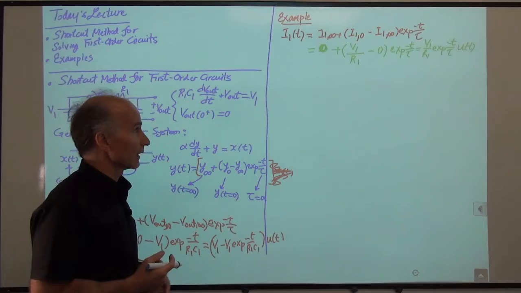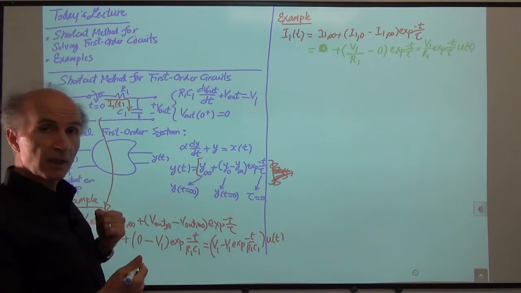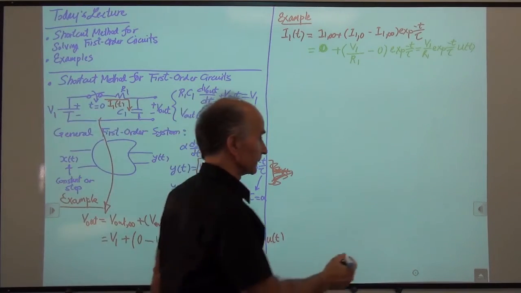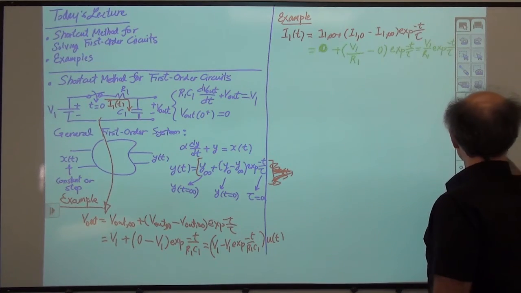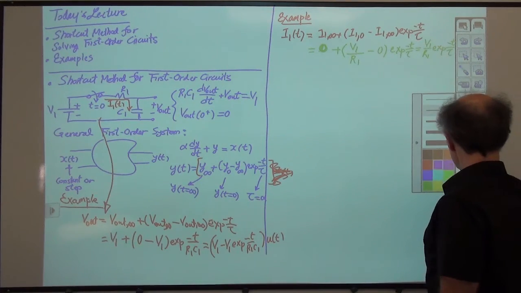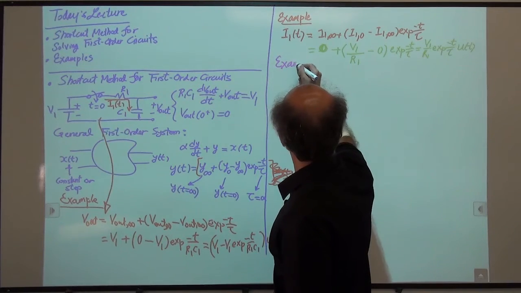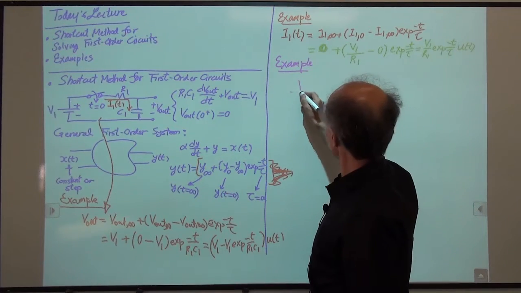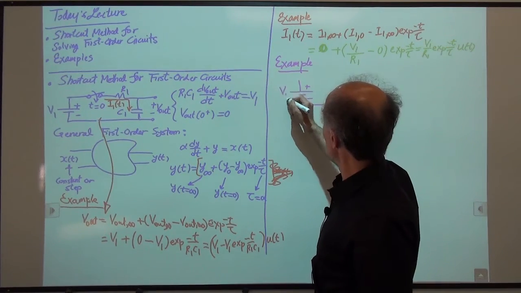All right, so let's make the example a little more interesting and see how this equation plays a nice role in our analysis. So I will change to maybe this color here. Okay, so I have my battery like before. So a voltage of V1.